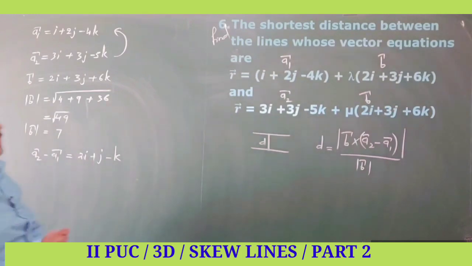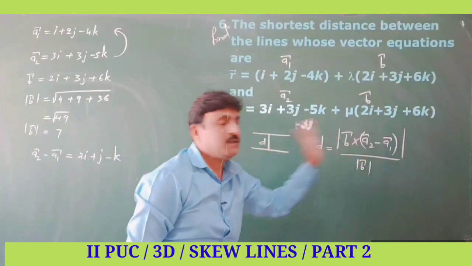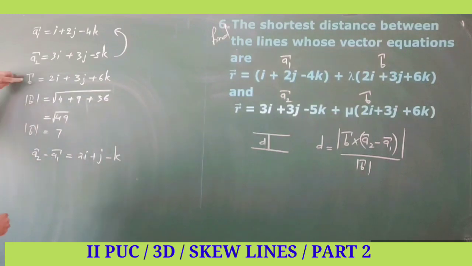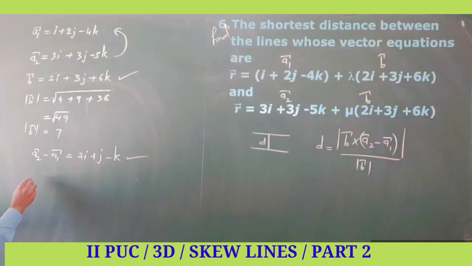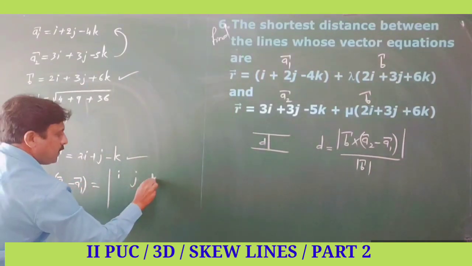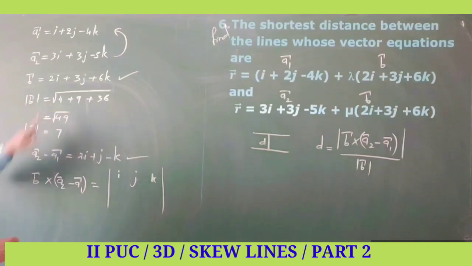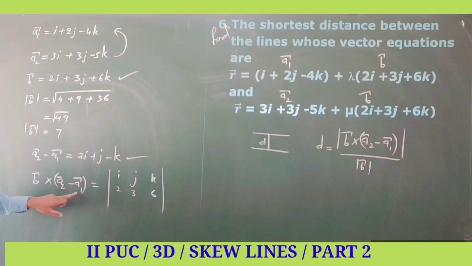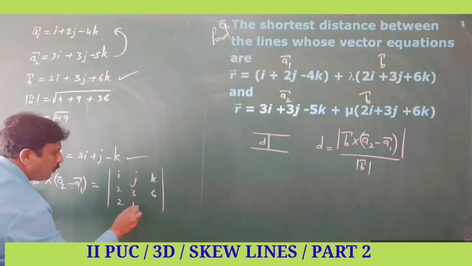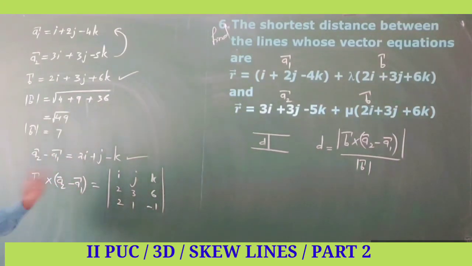Next what do we require? B cross A2 minus A1. So B here, A2 minus A1 here, cross product. B cross A2 minus A1 is the determinant of i, j, k; B components 2, 3, 6; A2 minus A1 components 2, 1, minus 1.